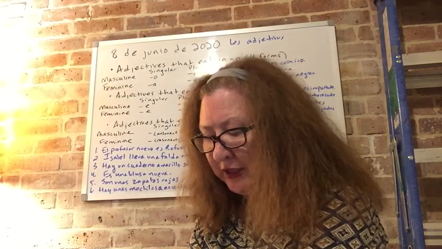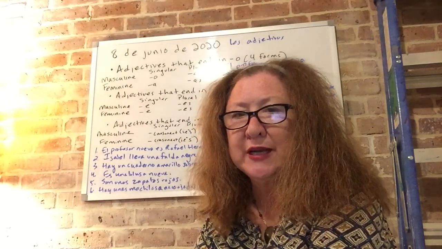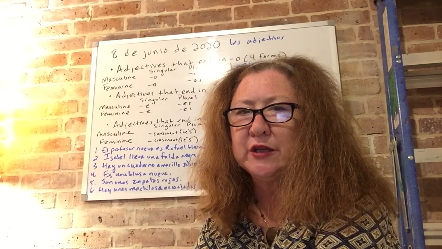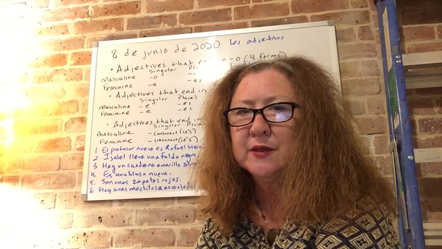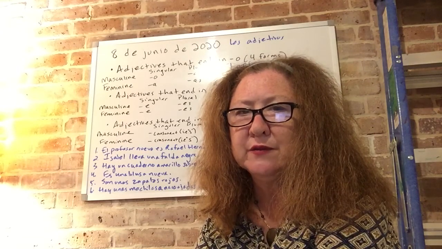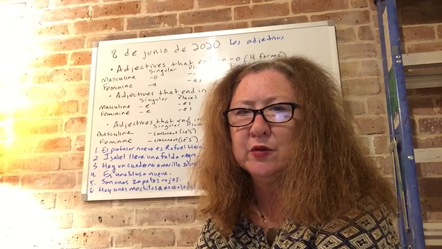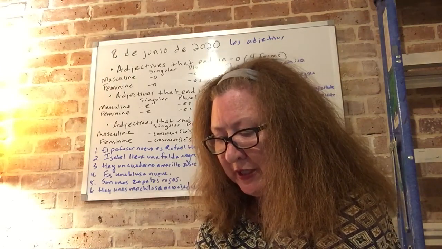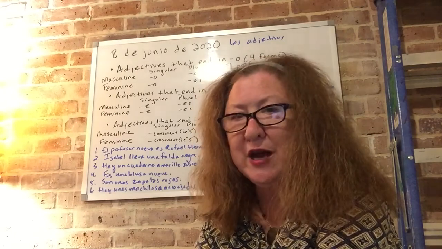Okay, so about adjectives. We're going to go over the notes together. Some of these are review, but I just wanted to go over them so that you're clear on the use of the different endings and the singular and plural and gender and all that. So let's go. About adjectives. An adjective is used to describe a noun.